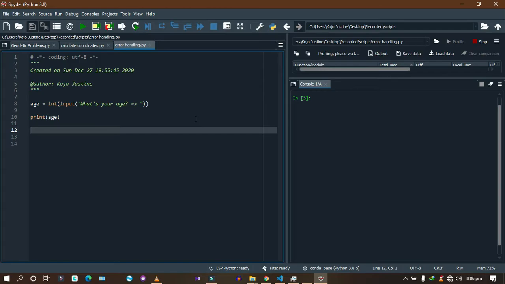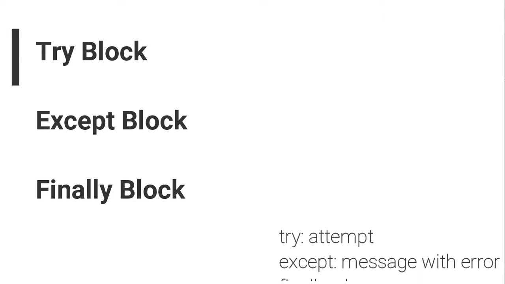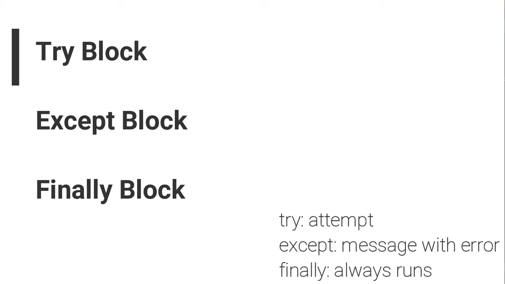I'll be showing you how to use the try block, the except block, the finally block. There are other blocks we could learn, but we will learn these today for now. In our later videos, we'll go into details, and we will be using them in our projects from now on in order to make our code more dynamic and more robust.